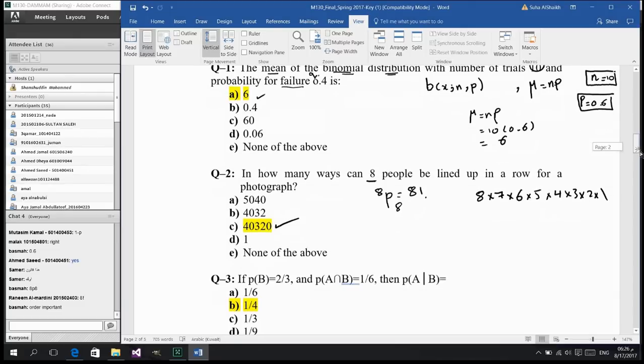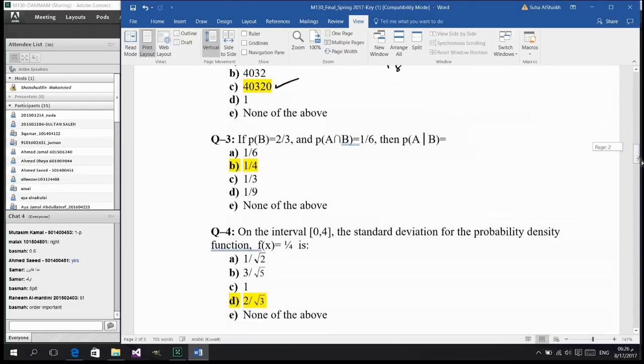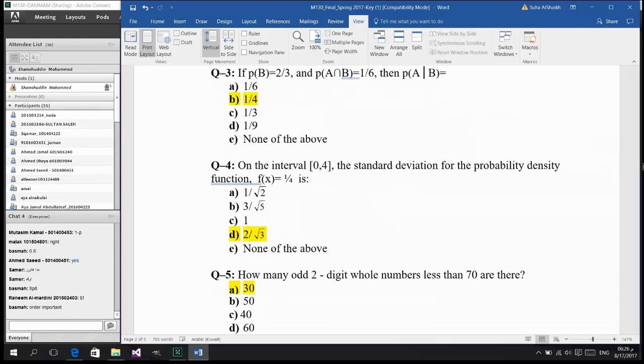Okay, now in question 3, I'm talking about the probability of B is 2/3. Probability of the intersection is 1/6. They want the probability of the conditional, easy or not? What is that?